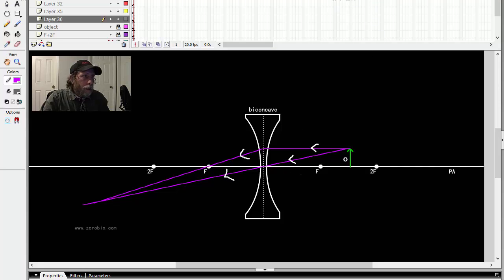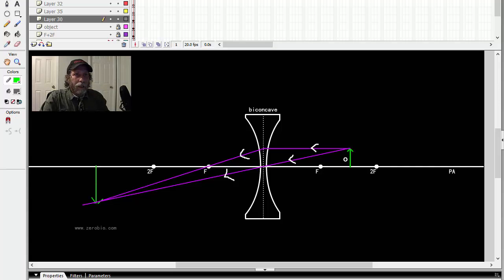Okay, so it looks as if I am going to be drawing my image right about there, like this. All right. So when the object is in this position, size larger, attitude inverted, location behind the lens, type real.